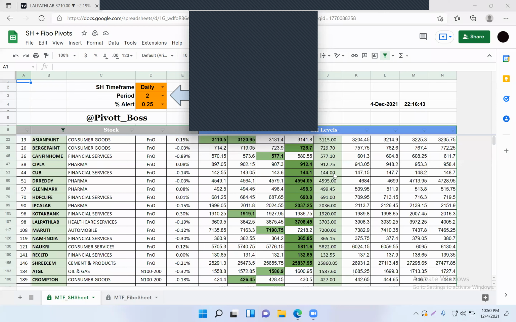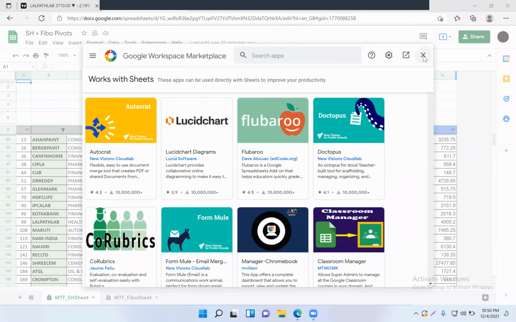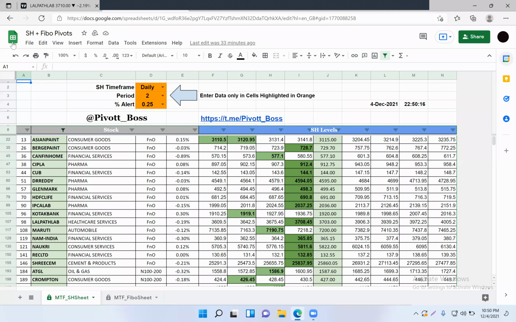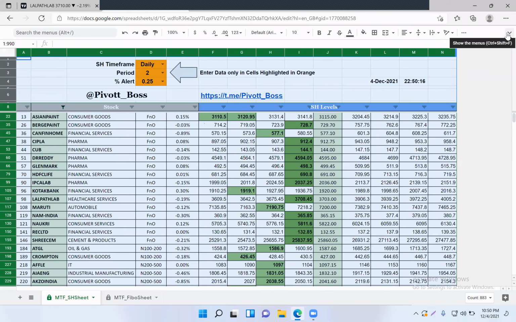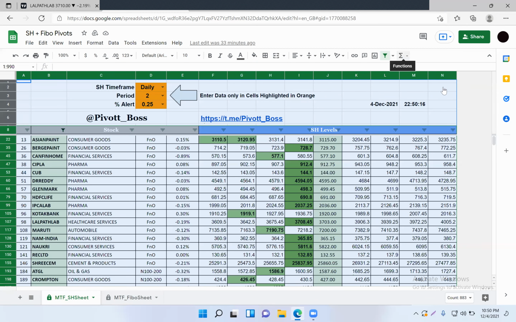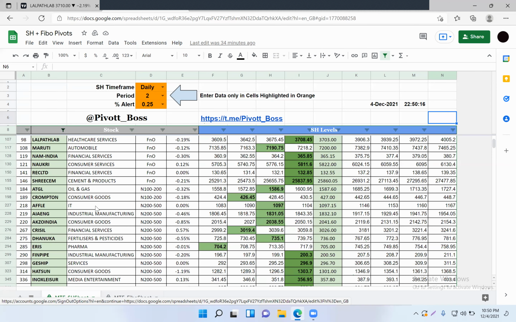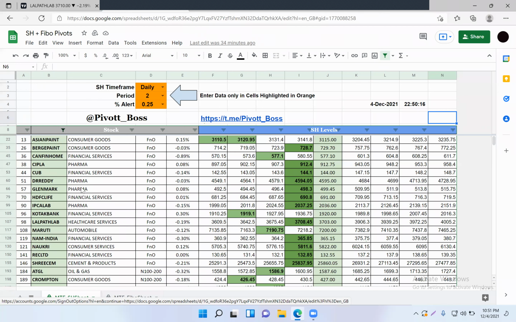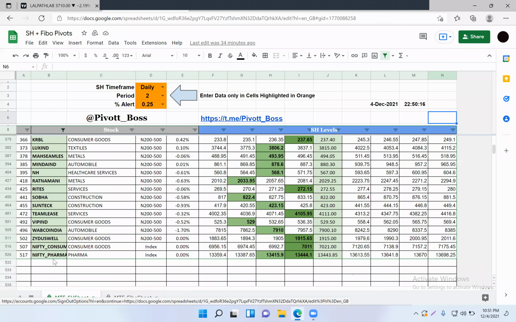Look at Pharmas: Cipla, Glenmark, Dr. Reddy's, almost all pharmas are dominating here, right?